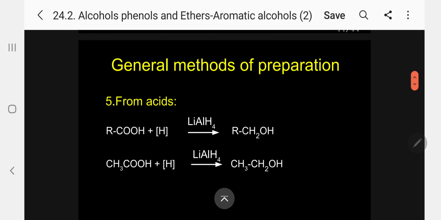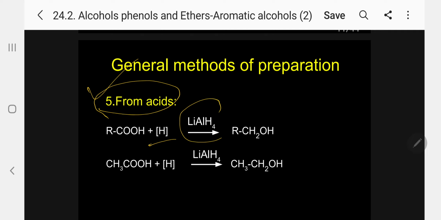And the fifth important method is from acids. Kindly follow. An acid is allowed to undergo reduction with a powerful reducing agent, lithium aluminum hydride. This is a very important synthetic reagent.